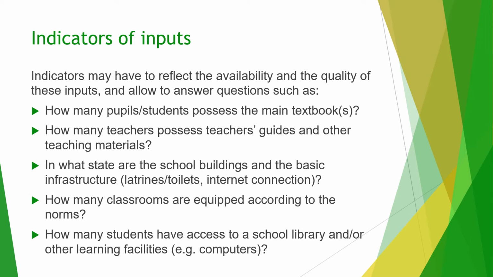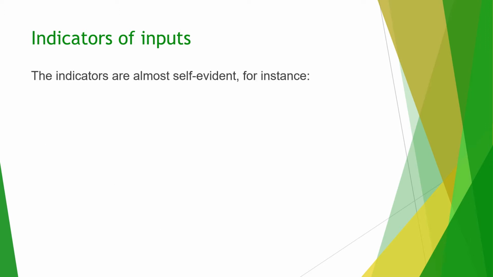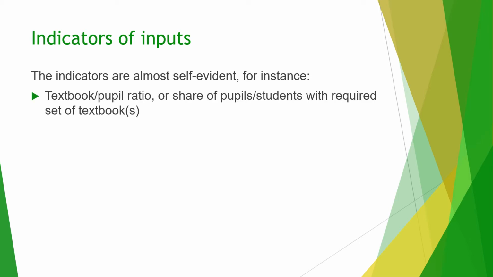And the indicators to respond to these different questions are quite self-evident to a large extent because we each time are in this case talking about items that are visible and easily countable, easily measurable. And we could imagine an indicator such as the textbook pupil ratio.